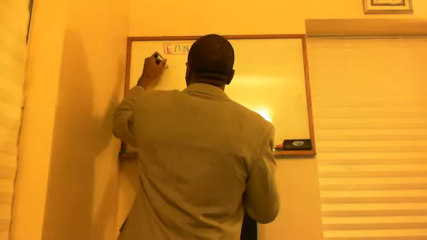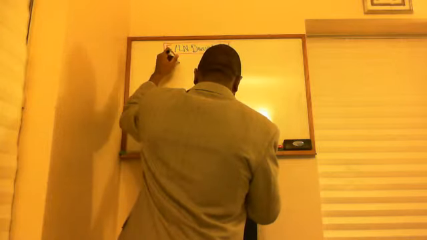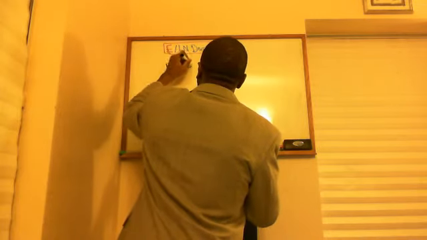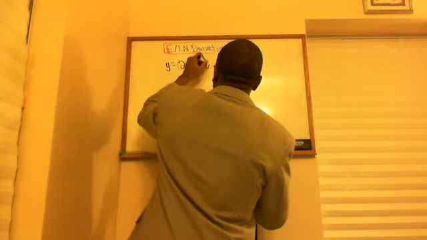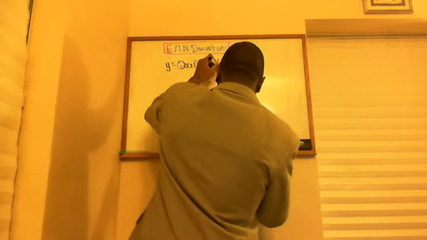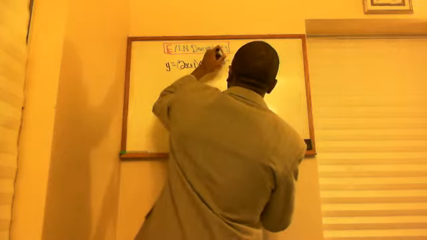Now that marker is kind of bad, kind of light. But let me write the problem down. So the problem is y equals 2x plus 1 in parentheses times 4x squared times the radical of x minus 9.